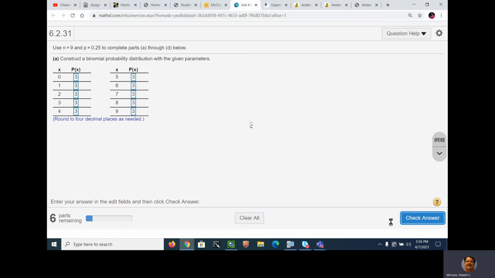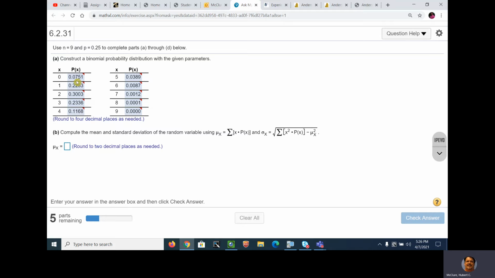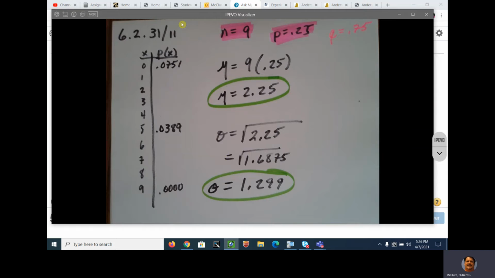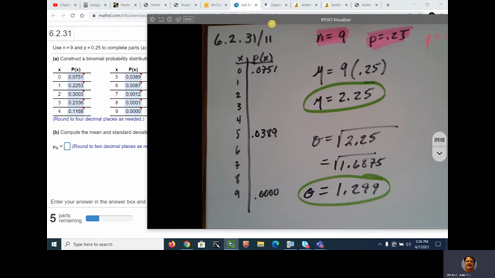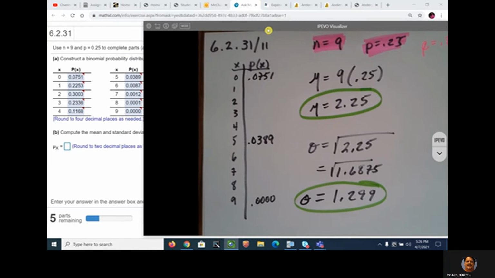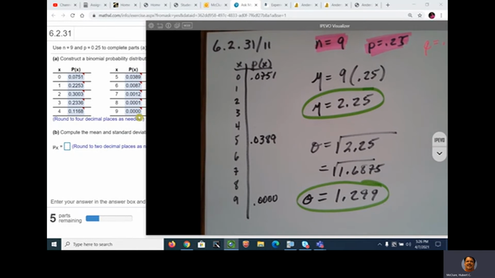Check, check, check. And let's see, number 0. I got 0.0751. For 5, I got 0.0389. And for 9, 0.0000.